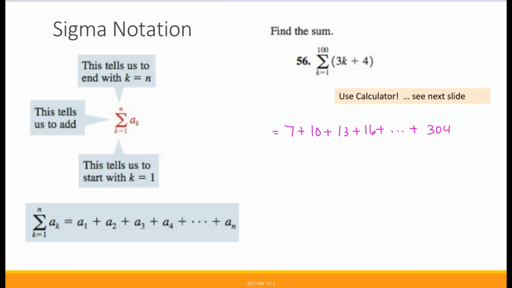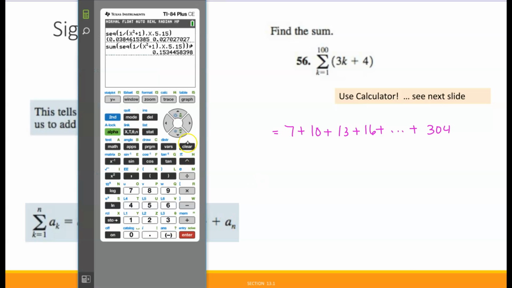Let's use our calculator. We're going to go into list. We're going to go over to math. Option 5 is sum. We're going to go into list, go over to ops. We want to sum a sequence. Okay, so our formula is 3k plus 4. Variable used was x. Our start is 1.